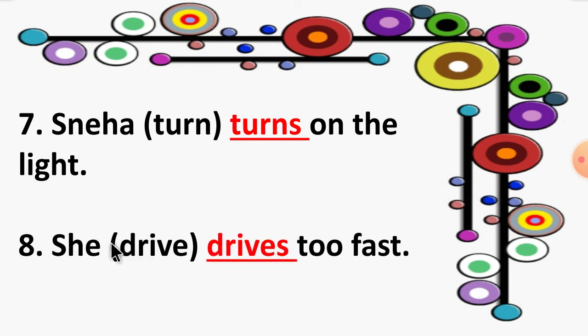Then number 8, she drives. So here she is already written, so drives. She drives too fast. Sneha turns on the light and she drives too fast.